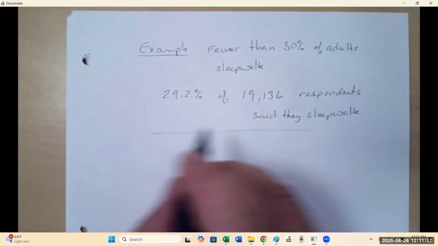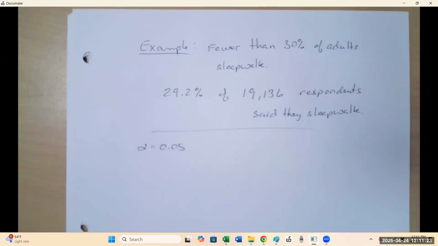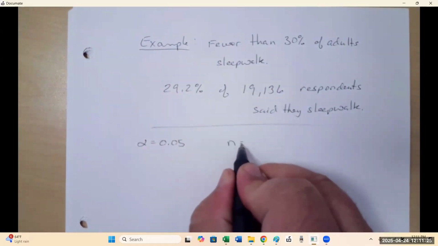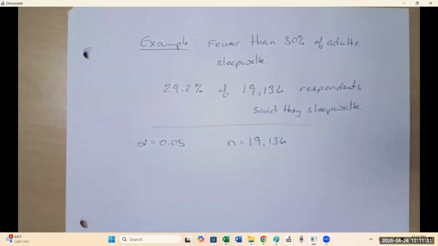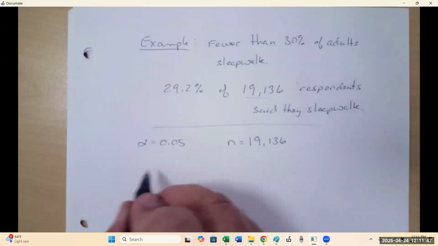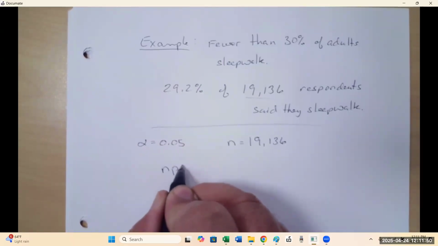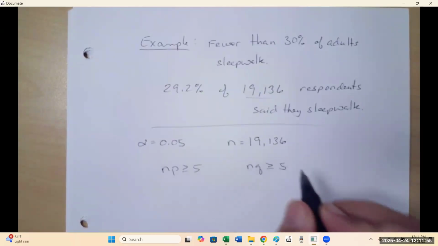Again, for our example, we're going to use the same confidence level. Our N is 19,136. Is it a binomial distribution? Yes, it's either they sleepwalk or they don't sleepwalk. Is it a fixed number? Yes, it's 19,136. Is NP greater than or equal to 5, and is NQ greater than or equal to 5?